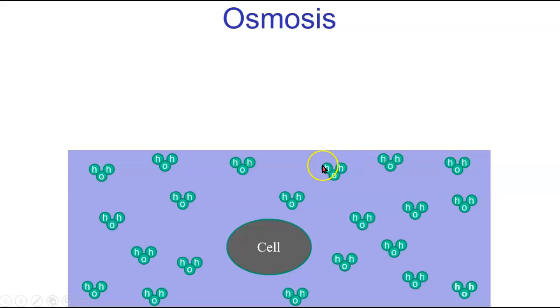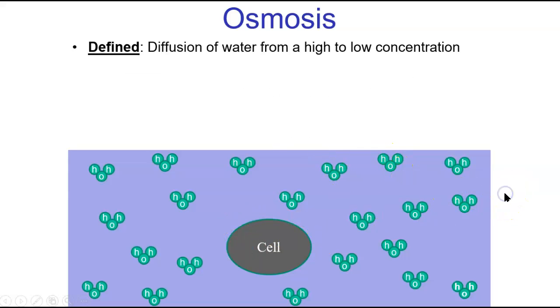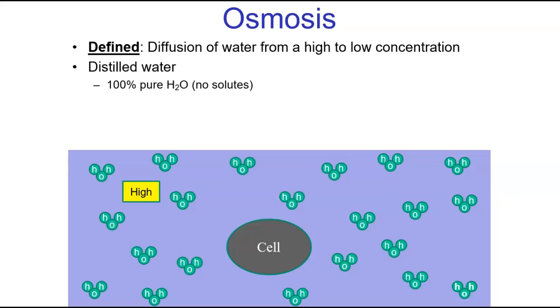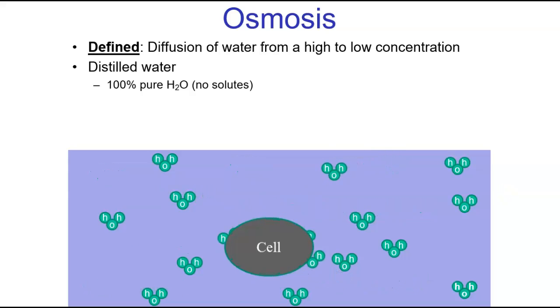So we have some H2O molecules out here, some water molecules, and we have a cell. So again, osmosis is the diffusion of water from high to low concentration. So here we have some distilled pure water. Nothing else is in there. So we have a high concentration of pure water.